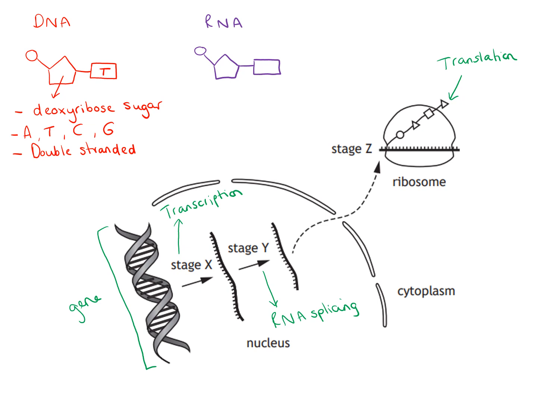Whereas when we look at RNA, it is made of ribose sugar this time. And instead of a T, we're going to replace that with U or uracil. And also RNA is single-stranded. So now we'll start to look at those different stages in a bit more detail.